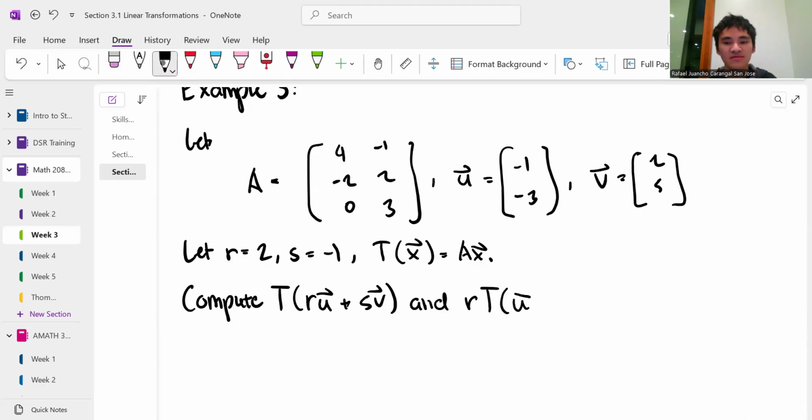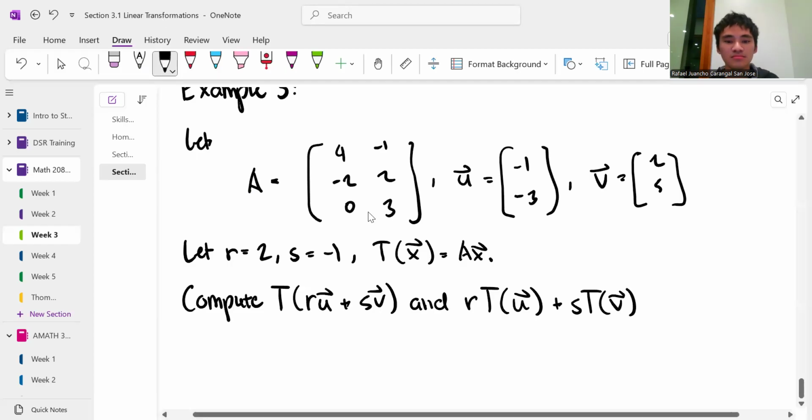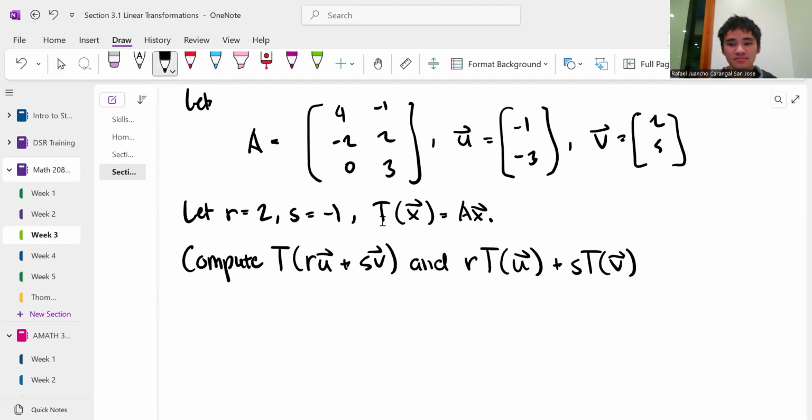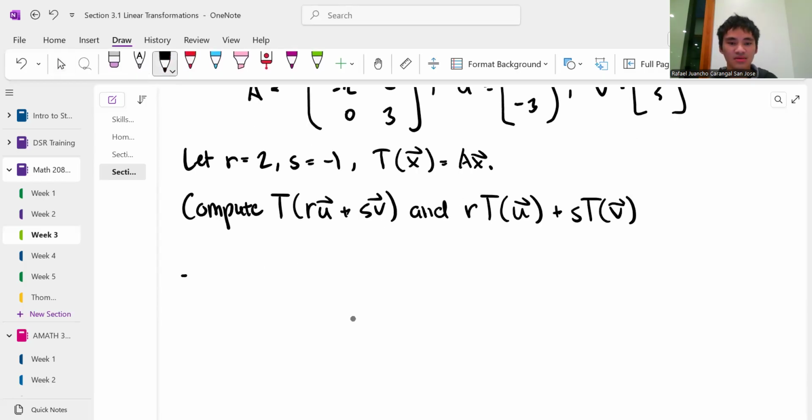So the idea is we're checking if they're equal, right? Okay, let's actually try it. So start with this thing.